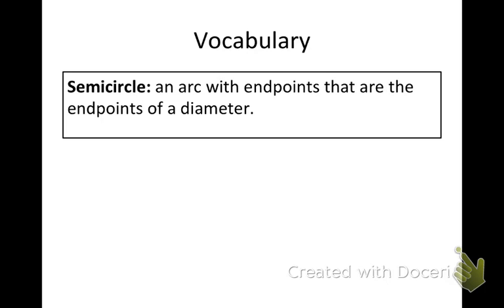Remember, a diameter pretty much cuts a circle in half because it goes through the center. So if you have an arc whose endpoints are a diameter, then it has to be a semicircle.